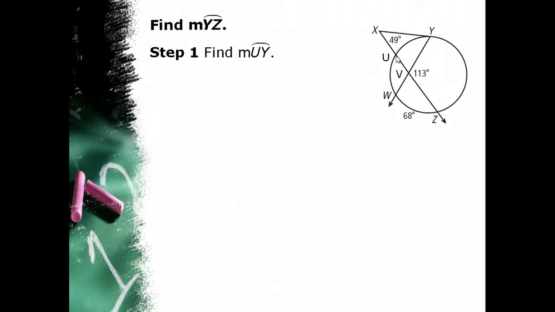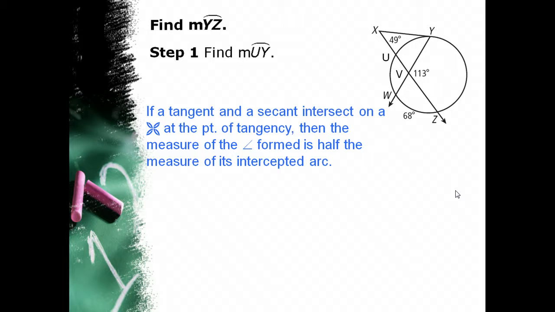But it has to be measured by the two arcs. If a tangent and a secant intersect on a circle, and yes, that was supposed to be a circle, but my PowerPoint doesn't like that symbol, at the point of tangency, then the measure of the angle formed is half the measure of its intercepted arc.